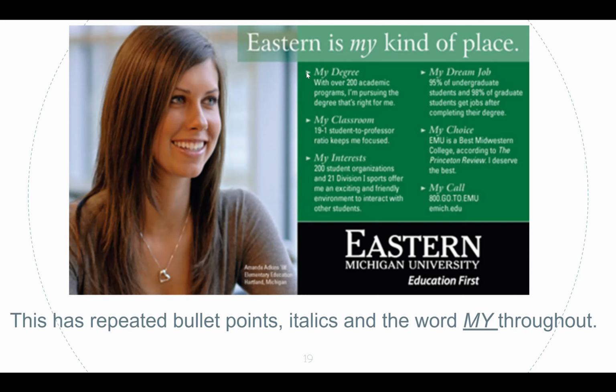So they're repeating the "my" statement over and over again. Their bullets are little arrows, and those are repeated. Notice the header of each of those sections are all italic, where everything else is normal. So there's this wonderful repetition going on, again, through them feeding us information.